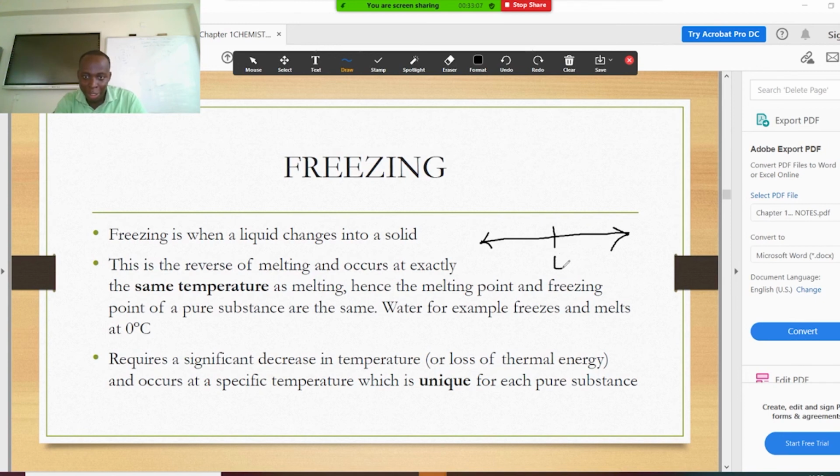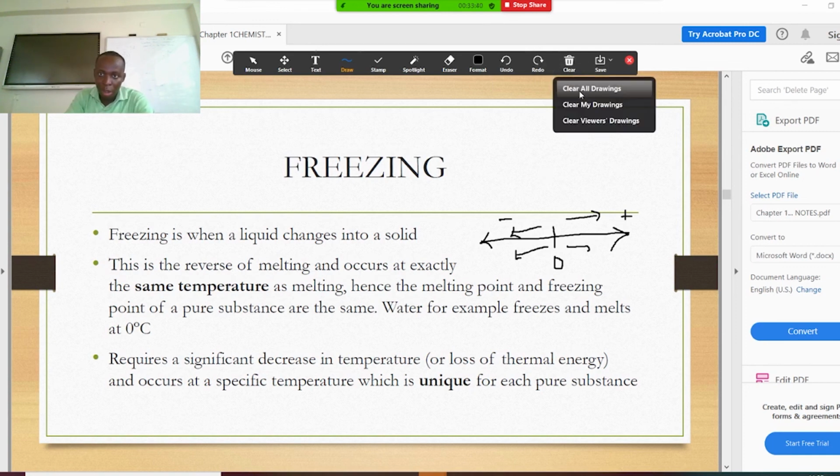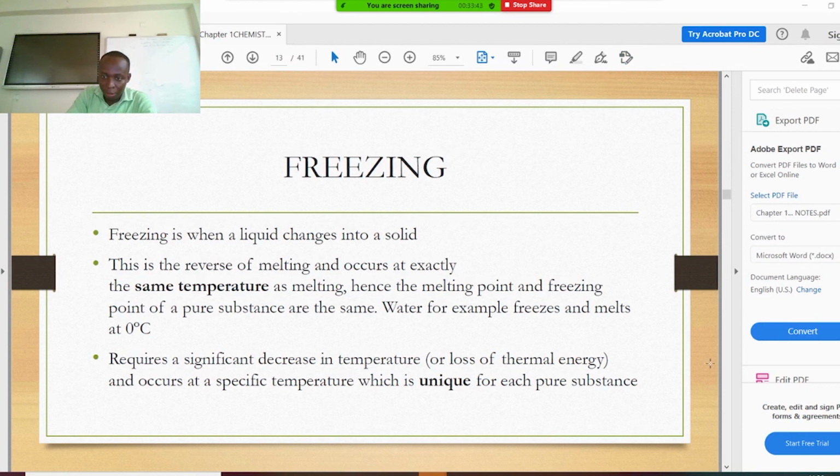This zero is like a reference. From here, you move to the positive side, and from here, you move to negative. Water melts at 0 degrees Celsius. So from zero upwards, melting is taking place. From zero moving towards the negative temperatures, obviously, you have freezing taking place. So the zero is like a boundary. Is that okay? All right.